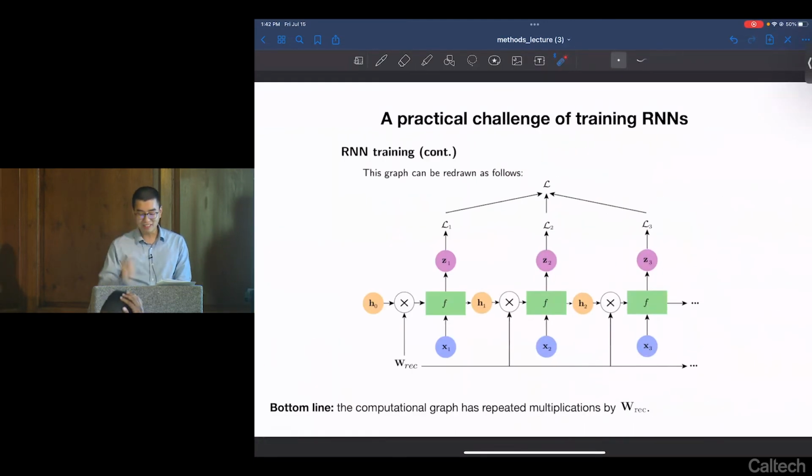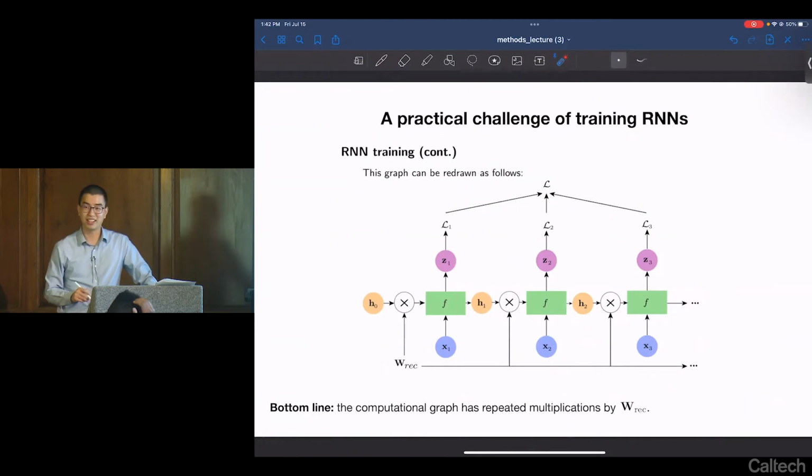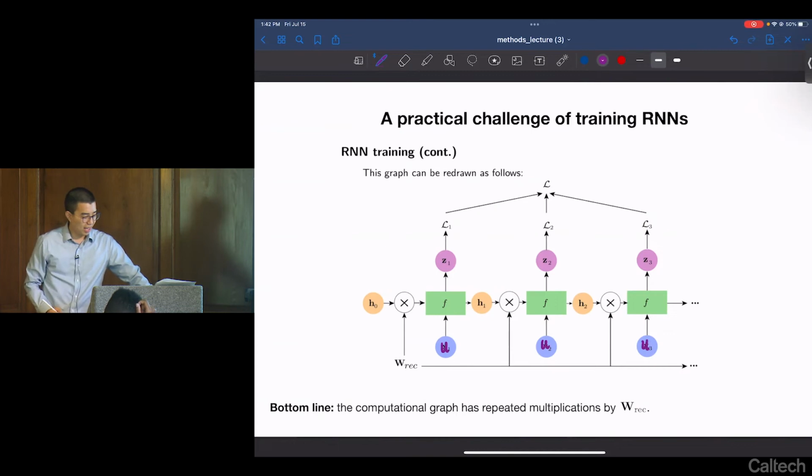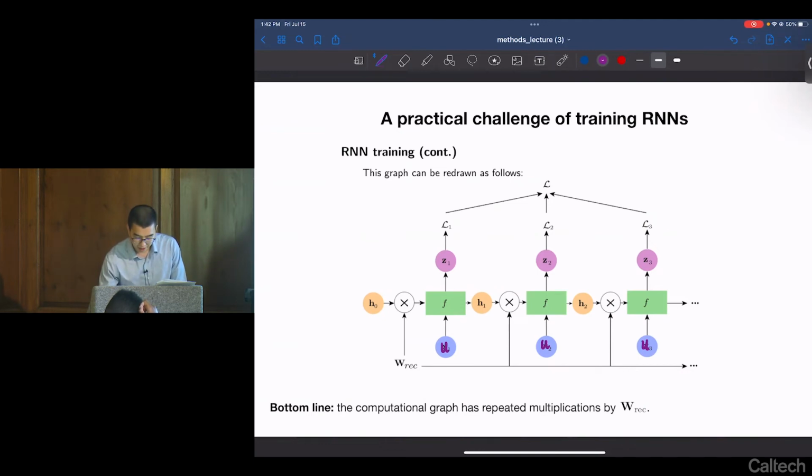So what I've now done is I've drawn the computational graph of a recurrent neural network. And I apologize, these should be U1, U2, U3. I've drawn it in this way to make a point. Let's say I calculated the gradient over here. Let's call this dL/dH3.